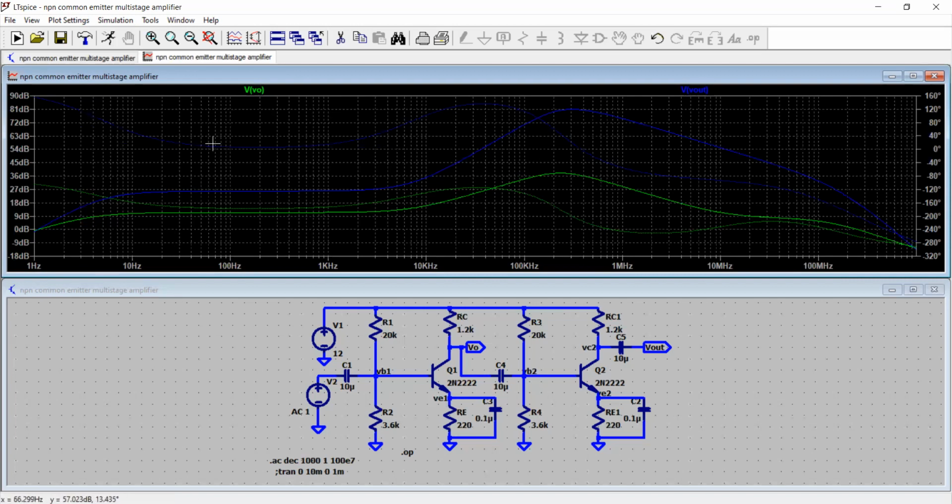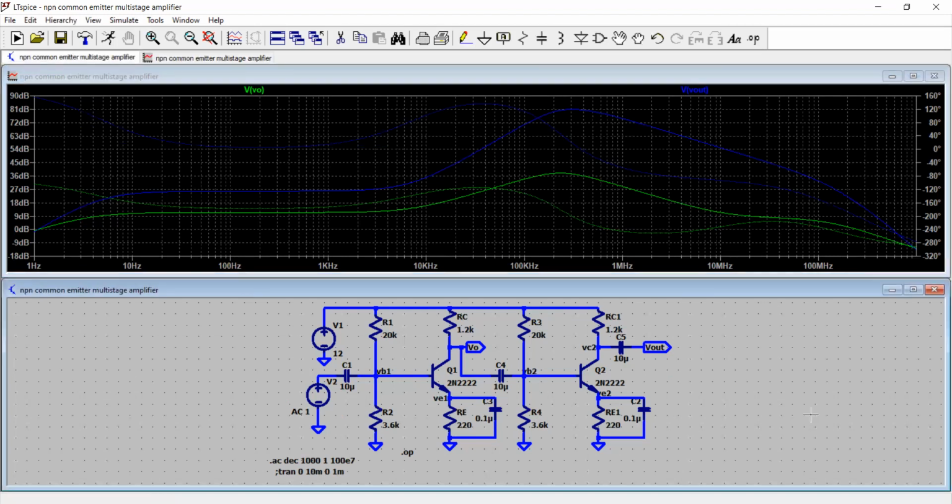That's pretty well, because at the output of the first stage, your signal is 180 degree phase shifted to the input, and at the output of the second stage, your signal is in phase with the input. So that's all. This is the story of the multi-stage amplifier using common emitter stages.